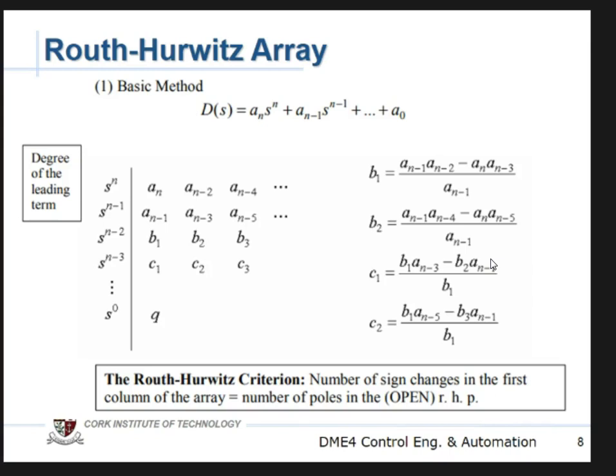Once we have those first two rows written down directly from my equation, I'm using the ones over here on the right hand side to form my b's. So b1 is a to the n minus 1, the first coefficient here, times a to the n minus 2, minus a n 0 times a n 3, divided by a n minus 1.